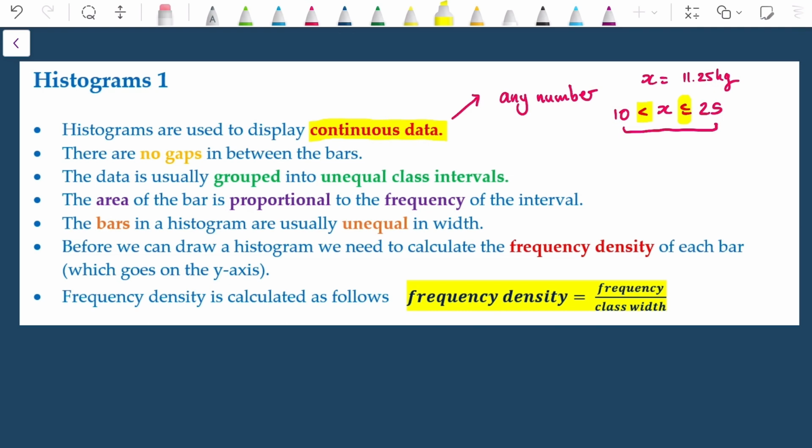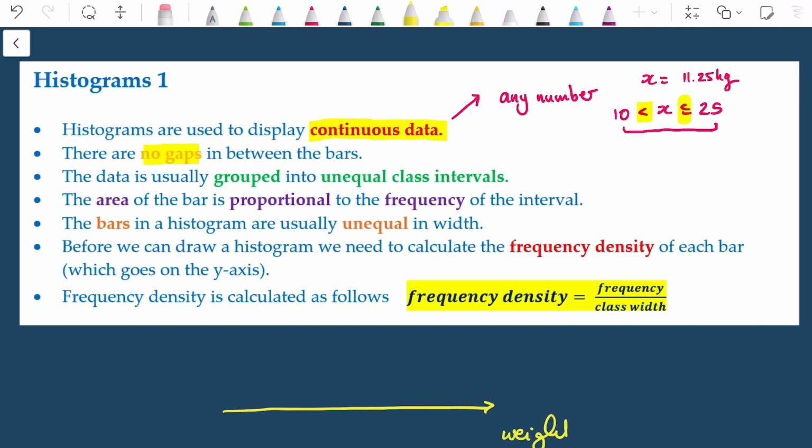The second point is that some people say histograms are like bar charts. The only connection really is that they have bars, but for the rest there's no connection. Unlike in bar charts, there are no gaps in between the bars, and the reason is that the data is continuous.